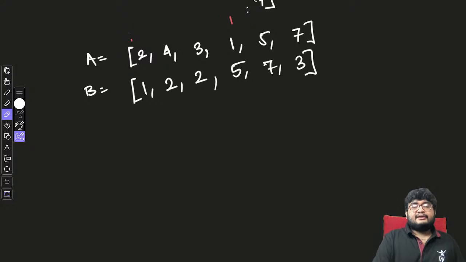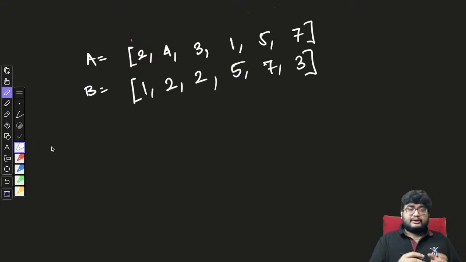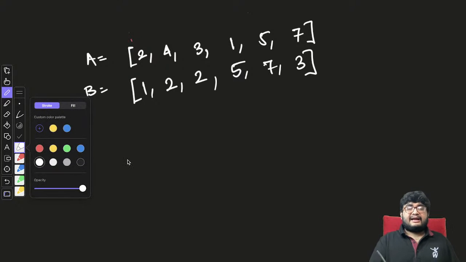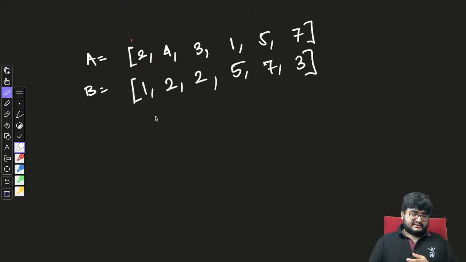First thing, whenever you have a problem where you have two arrays and you are allowed to make updates to both the arrays, what you should do is fix one of the arrays and just consider the reverse move. What does this mean?